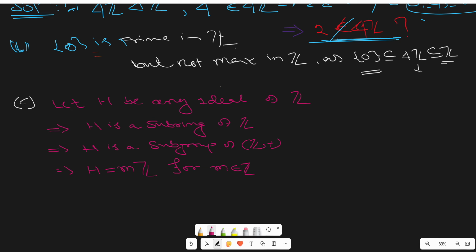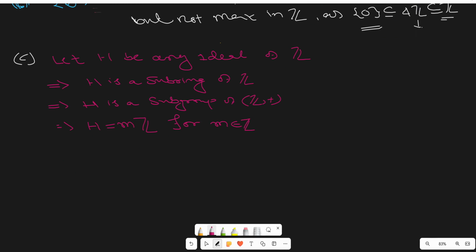Okay, so an ideal is a subgroup, right? So all the ideals of Z under addition look like mZ, where m belongs to Z, right?